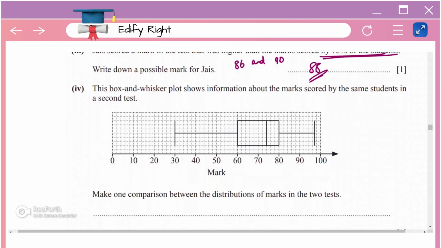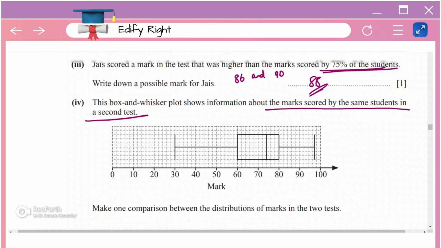Next, we have this box and whisker plot which shows information about the marks scored by the same students in a second test. So this is again giving information about the scores in a test, but this is another test. So let's try to compare these two box and whisker plots.